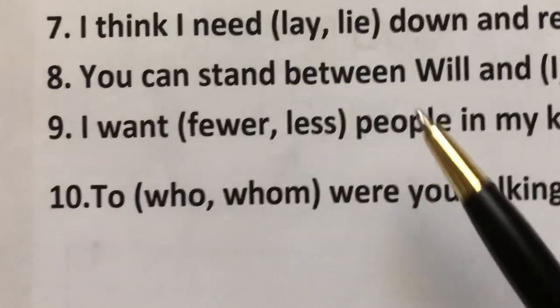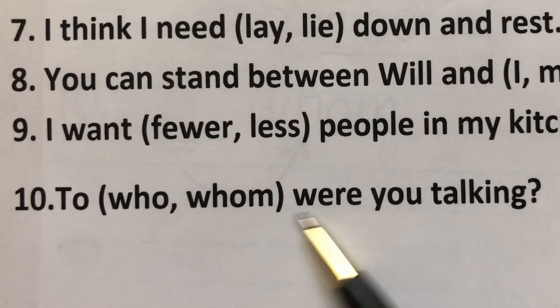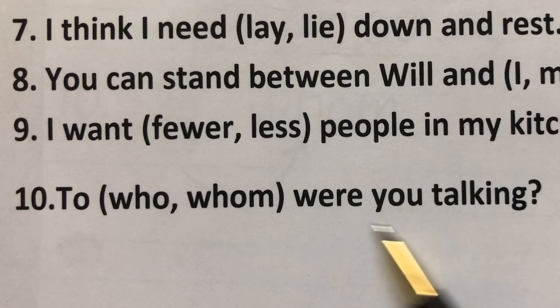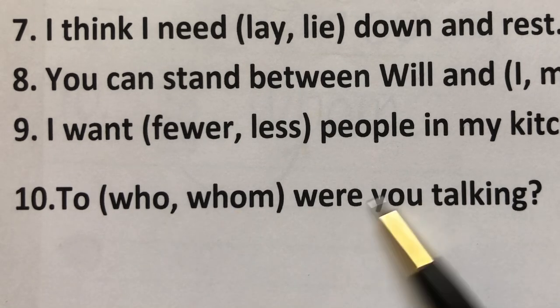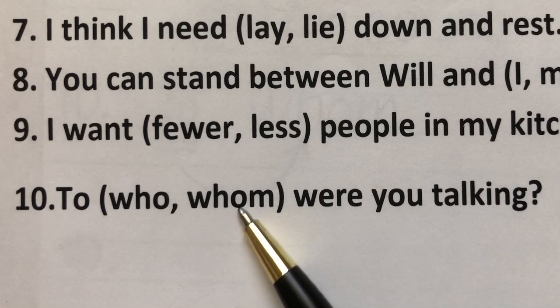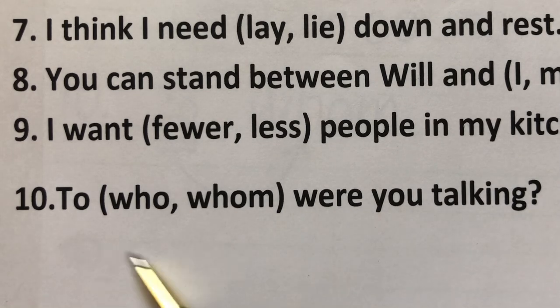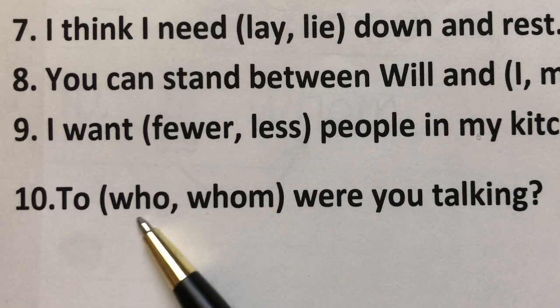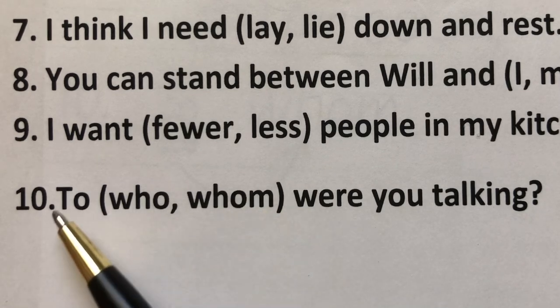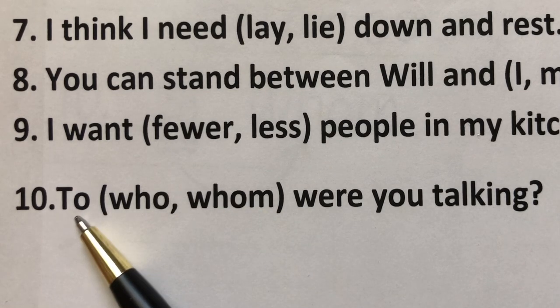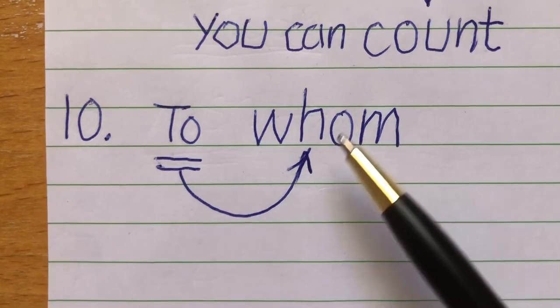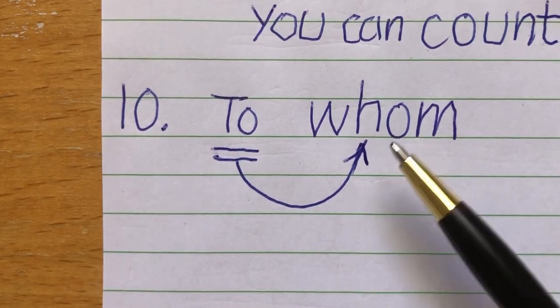The last sentence, 10. To who were you talking? To whom were you talking? So the choice of these two words, you look at the word before it, to. After to, you cannot use who, you have to use whom.